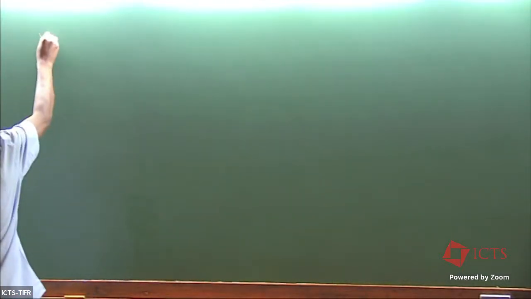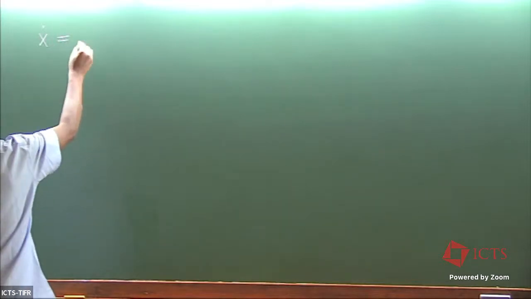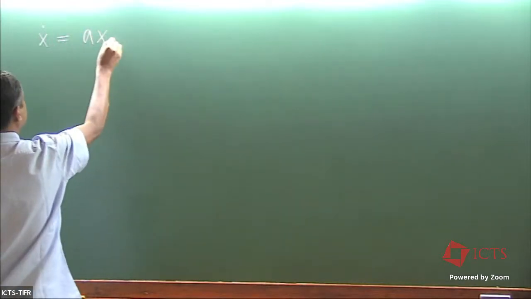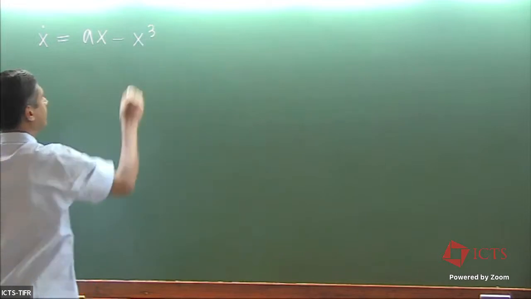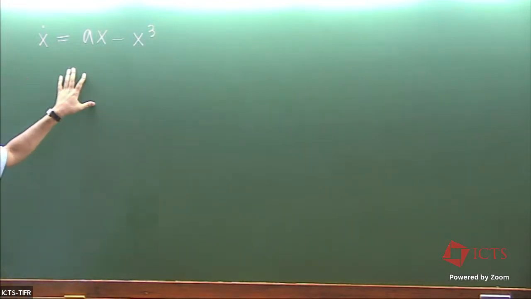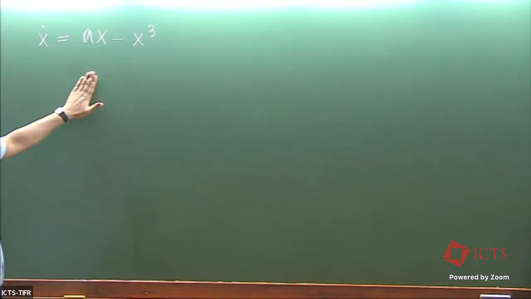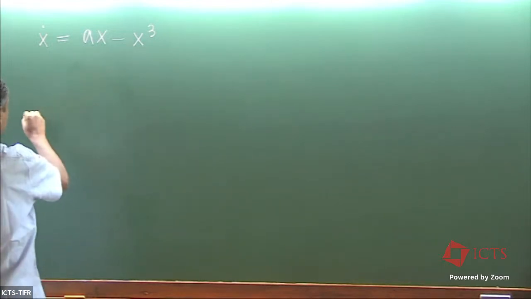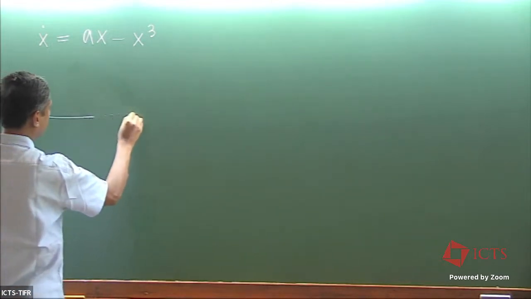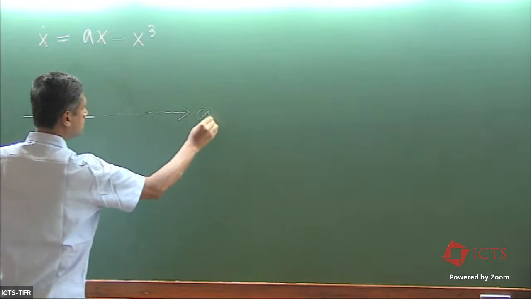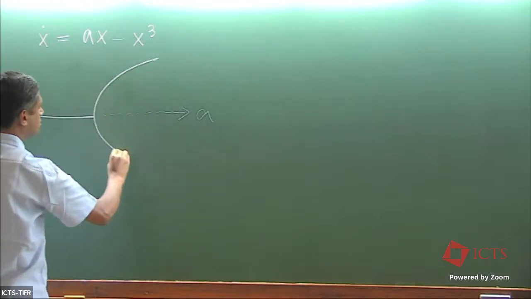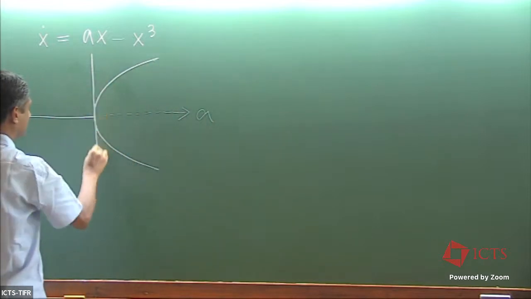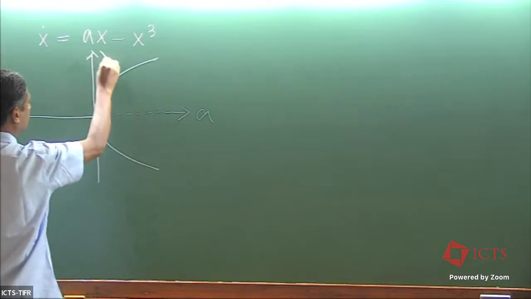So let me consider just this pitchfork one. I said that it is x dot equals ax minus x cube, right? In this form, I found the bifurcation diagram: this is the stable one, this is the unstable one, and this is x.